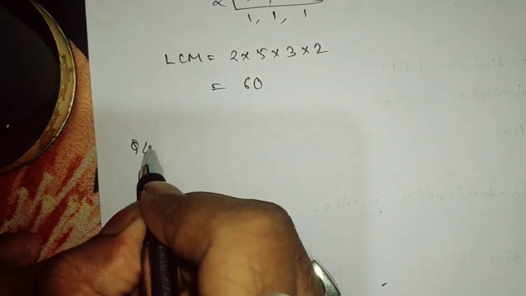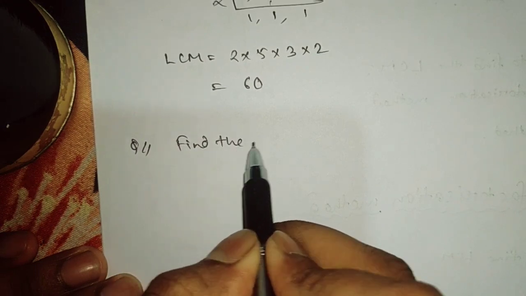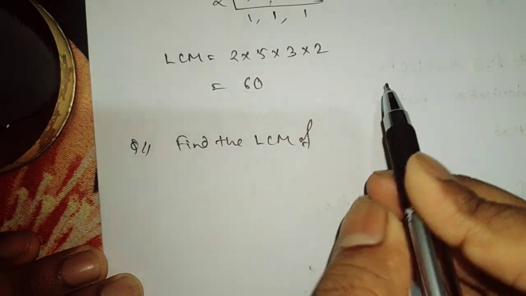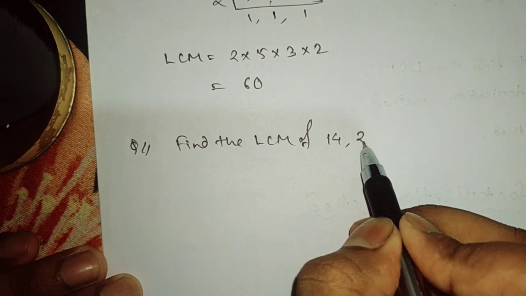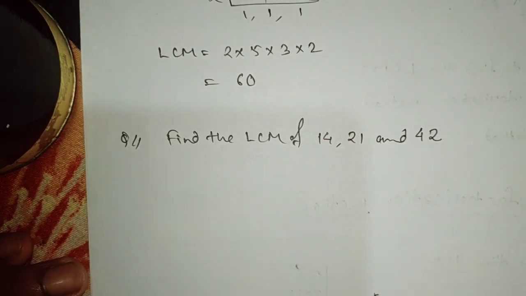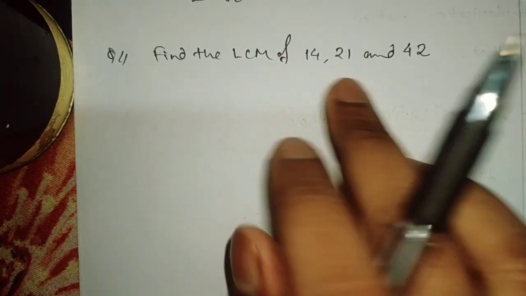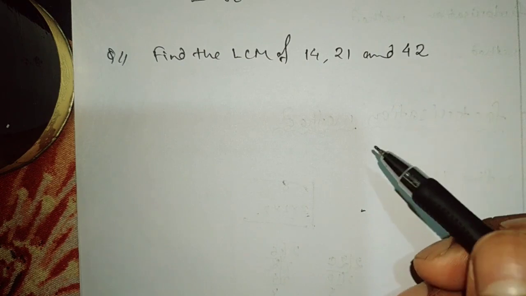Our question is find the LCM of 14, 21 and 42. These three numbers are given, and for these three numbers we have to find the LCM.